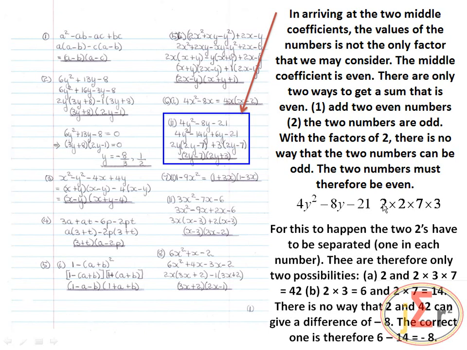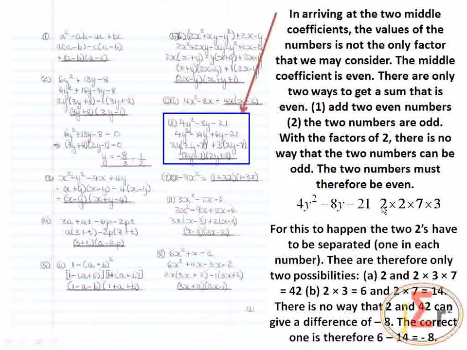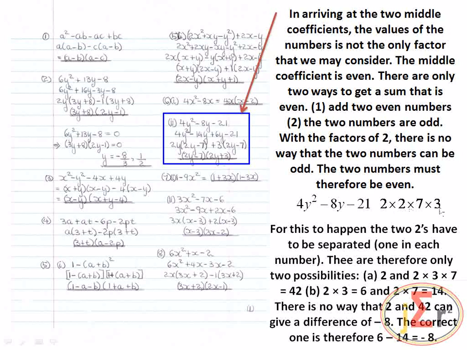Why, this question now, why can't we use 2 times 2 and 7 times 3? Because an even with an odd will give an odd, and we are sure that it will not work because we need an even. We are sure that that one will not work. 2 and 42 will not give us -8 by subtraction.